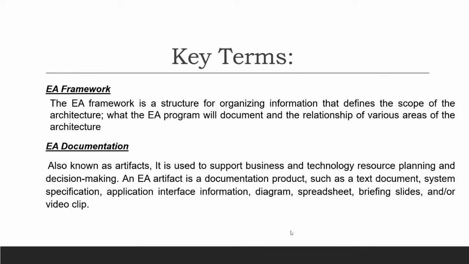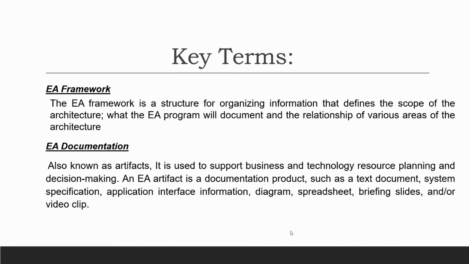So before I proceed to the implementation methodology of enterprise architecture, these are the key terms that we must understand. The EA framework, or enterprise architecture framework, is a structure for organizing information that defines the scope of the architecture, what the EA program will document, and the relationship of various areas of the architecture.